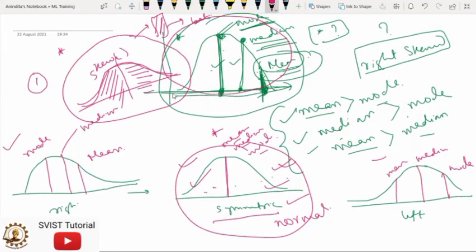But if your data points are not evenly distributed, then it may happen that whichever advanced algorithm we use, the accuracy may be hampered. So that's why we are always concerned about the skewness factor.